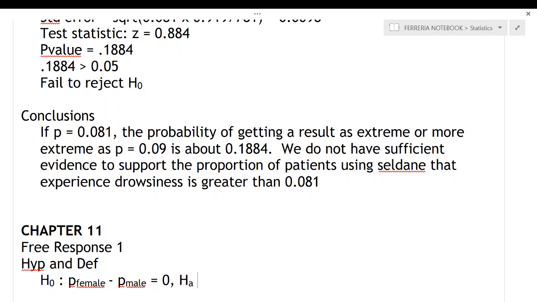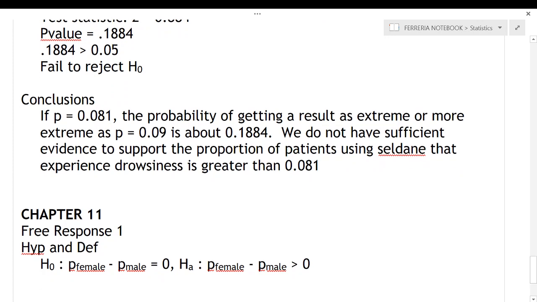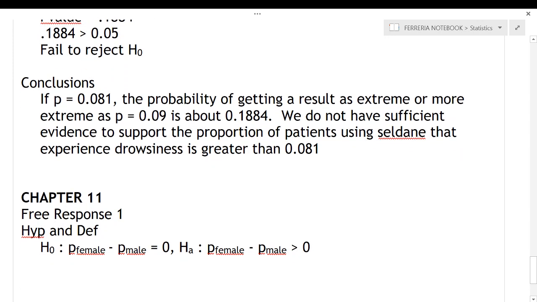Alternatively, P female minus P male, now which one was supposed to be greater? Female. So this should be greater than 0. Okay, and I think that's it, right?